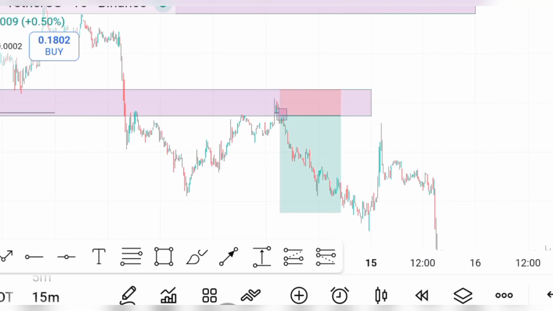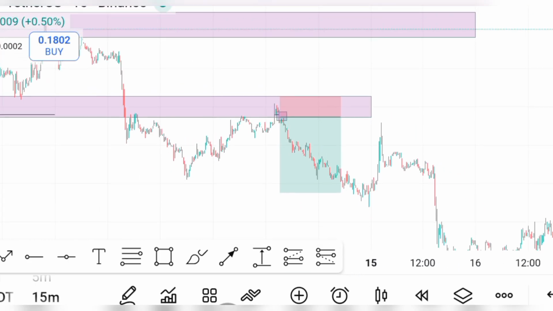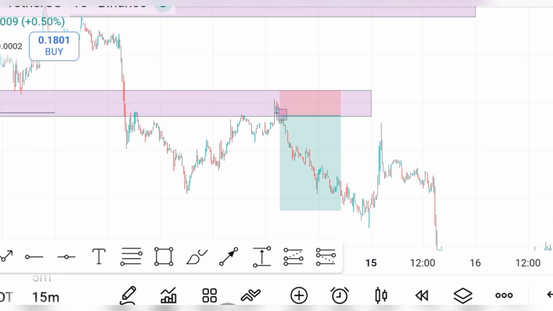When you get zones on your higher time frame, like your daily time frame, it will really be nice for you, because there is a lot of noise on the lower time frames. For risk management, always aim for a 1 to 2 or a 1 to 3, and never risk more than 1%, or 2% actually, of your account.